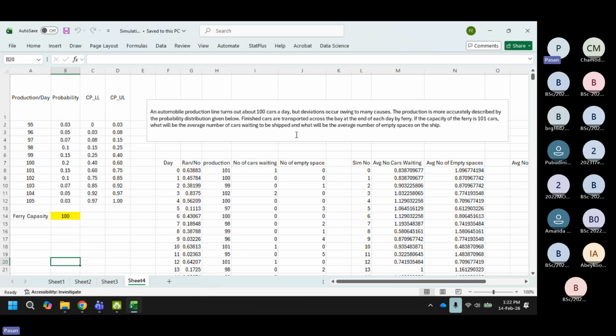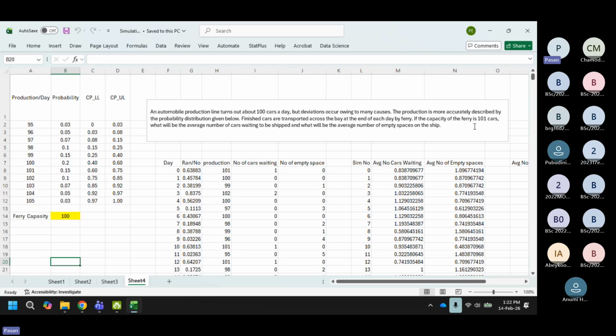And then if you read the rest of the question here, the distribution is given here. And then the finished cars are transported across the bay each day by a ferry, right? And then the capacity of the ferry is 101.